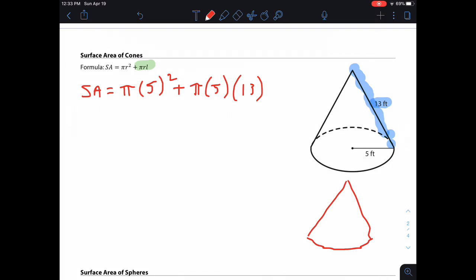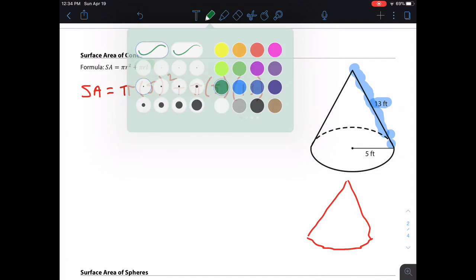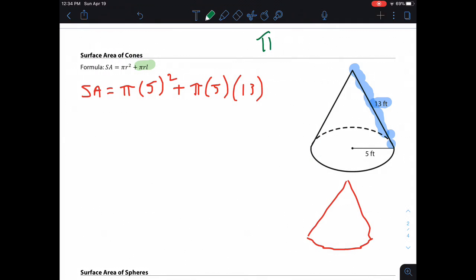Okay, so all we have to do now is simplify everything. And again, pi, everybody say it with me, 3.14. All right, so if we go back to our formula, we're going to say surface area is equal to 3.14 times 5 squared.